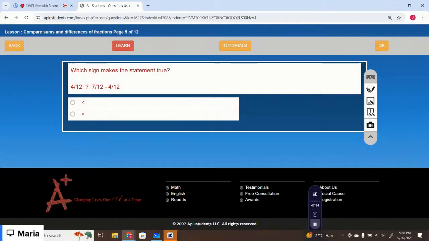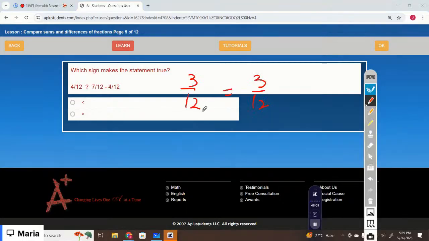4 over 12, you have to compare it to 7 over 12 minus 4 over 12. 7 minus 4 is 3 over 12. So you have to compare 4 over 12 and 3 over 12.